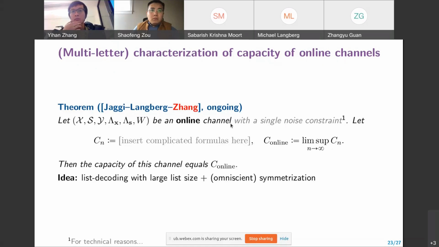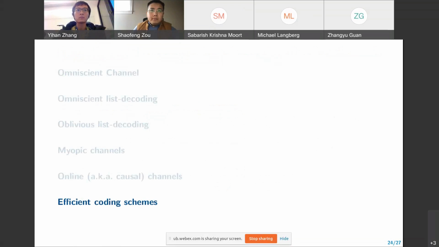And also, the capacity expression is multi-letter, so in principle, it's not evaluatable. But even this is already non-trivial to obtain. And again, this relies on list decoding, which I talked about before, and also omniscient confusability or symmetrizability. So these things are all related in some technical sense.